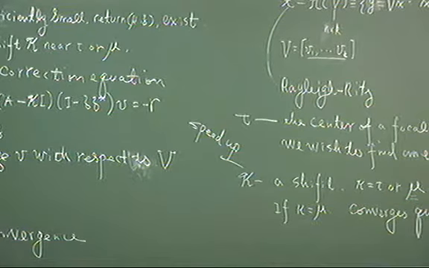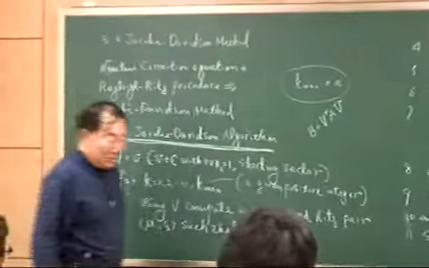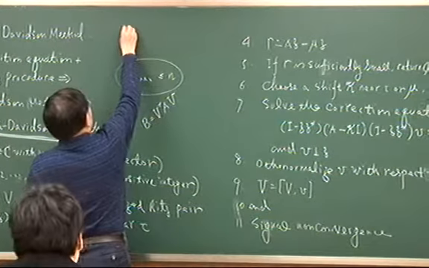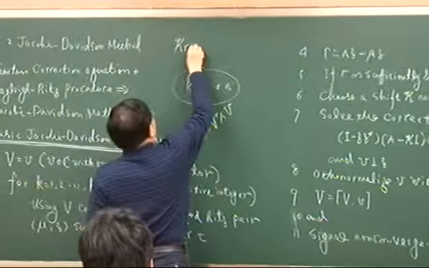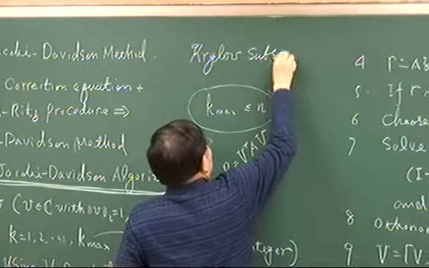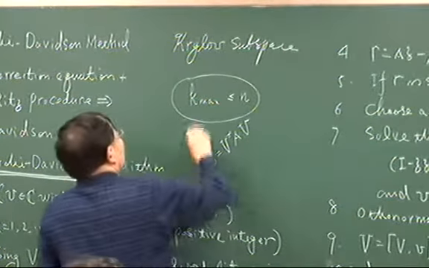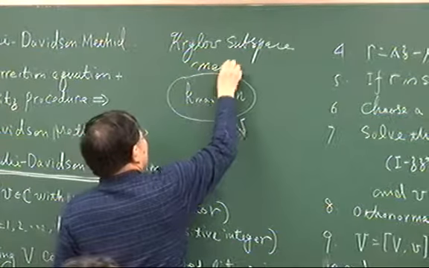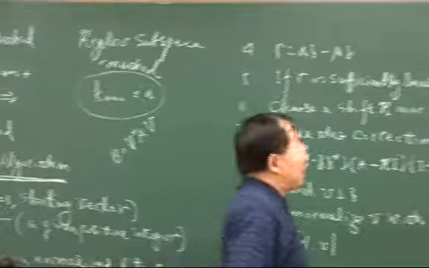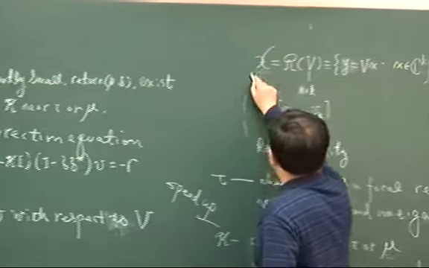So here are several things. This is very different from the Lanczos or Krylov subspace method. The difference is that the subspace is not the same.